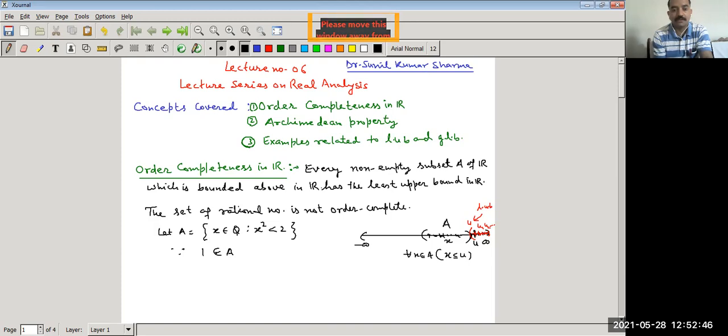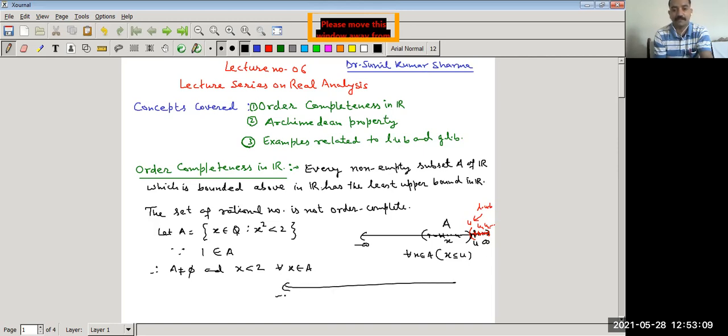So A is non-empty, A is not equal to the empty set. All the elements of A are less than 2, for all x belonging to A. So we can say set A is bounded above.